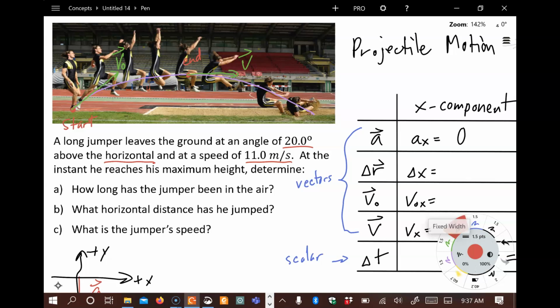Well, if we look at that initial velocity vector, that's the initial velocity specified as a speed, which is the hypotenuse of the initial velocity vector. So this is going to be 11 meters per second along the arrow. And the angle above the horizontal, what's the horizontal? That is a flat direction. And so we're looking at this angle here, and that is given as 20 degrees.